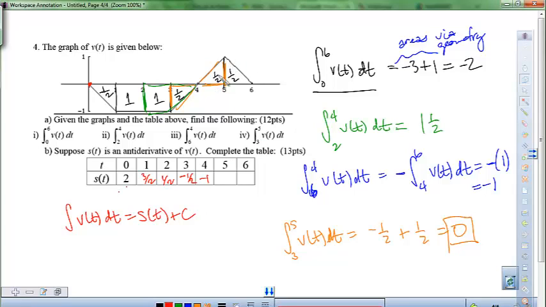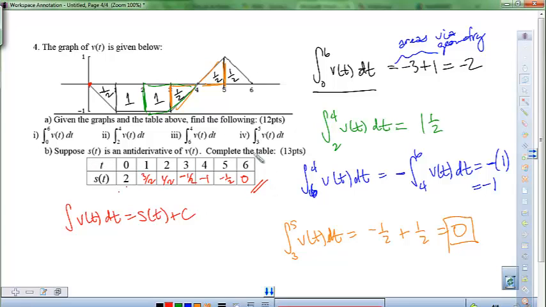And then up here, we pop up. So we get negative 1 up to 4, and then to go to 5, we add a 1/2. So negative 1 plus 1/2 is negative 1/2. And then from 5 to 6, we add another 1/2, and that brings us to 0. So this should be our complete table that uses v, the graph of v, as a function, and S is the given antiderivative with an initial value of 2.